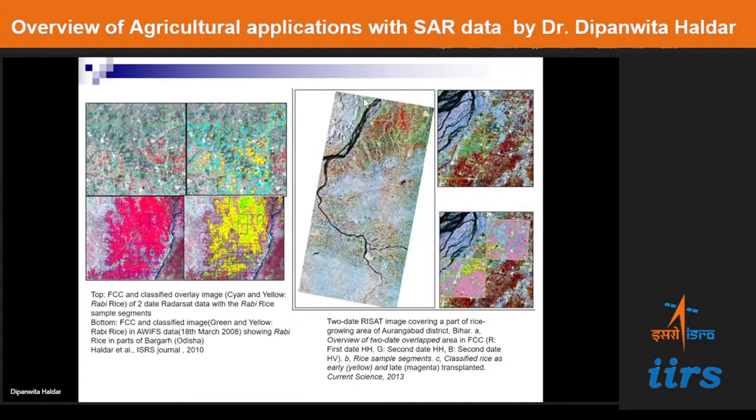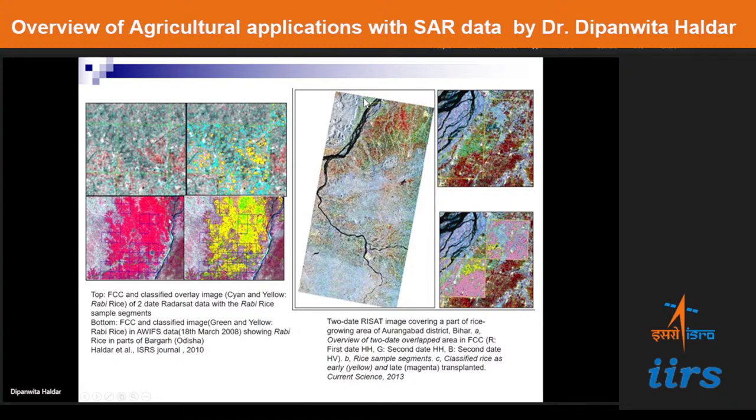So next, using both data sets, the SAR as well as optical data sets, I already mentioned to you the different advantages. They are complementary to each other. If you can see here, the top is the SAR image and the bottom is the optical image.